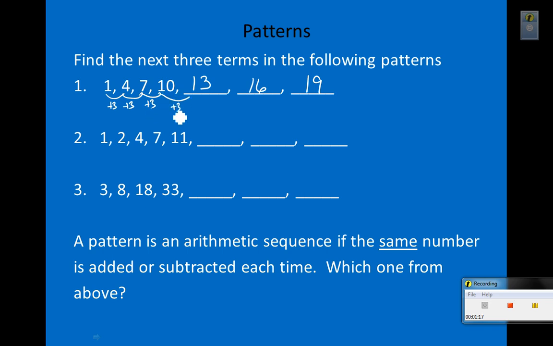So every time. If you look at your next one, looks like we added 1, then added 2, and then added 3, added 4. Well, we're probably going to predict that we're going to add 5, and then 6, and then 7, and then we got it. So just patterns for a second.